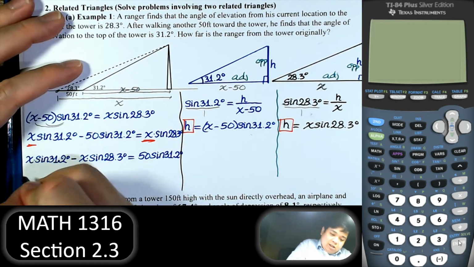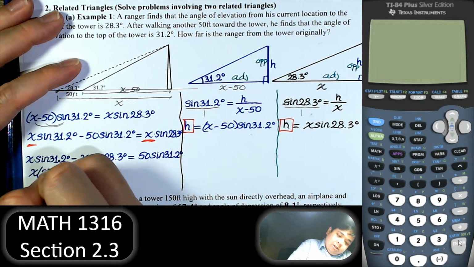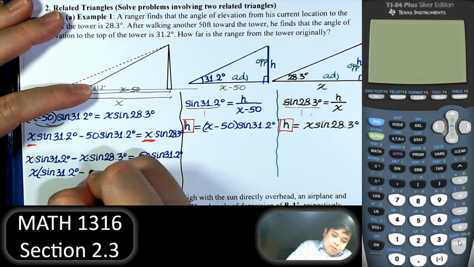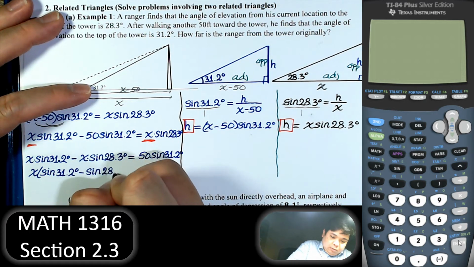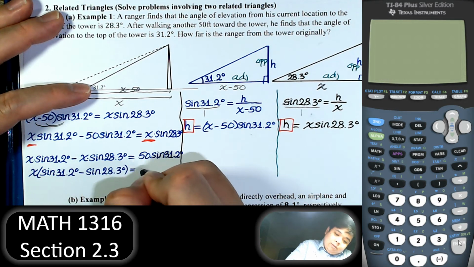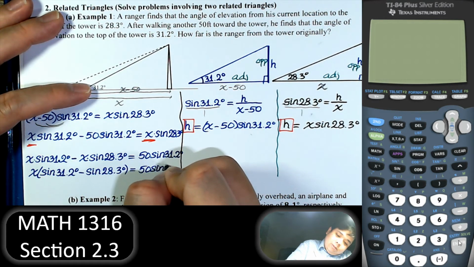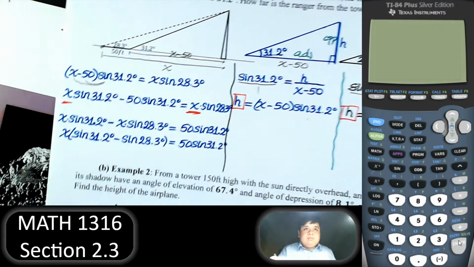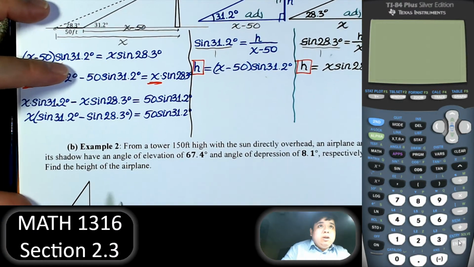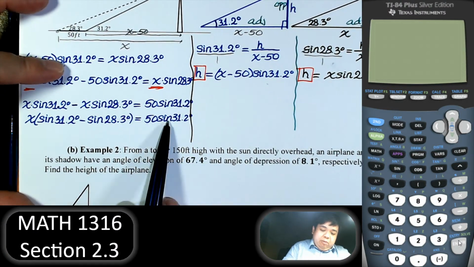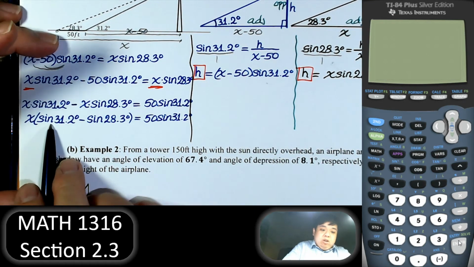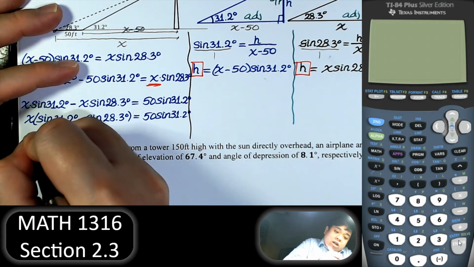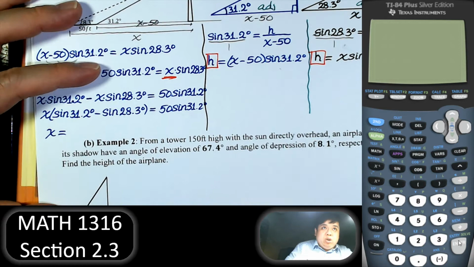Factor out the x. And then we just divide. Notice that here I do not do any calculation and get any nice number. Just put all the calculation at the end, and that is ideally the way we want to do it.